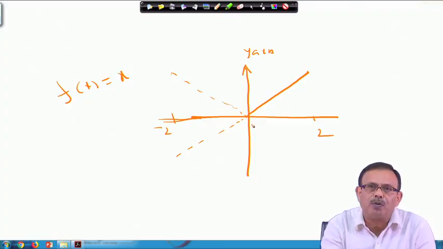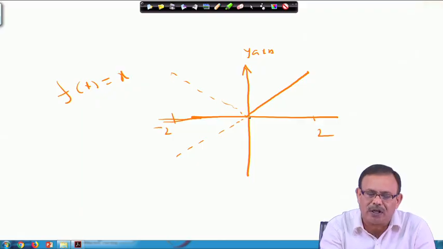So, please note this one. In one case it is symmetric with respect to the origin, whereas in this case it is symmetric with respect to the y axis.